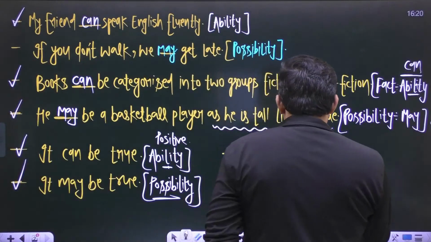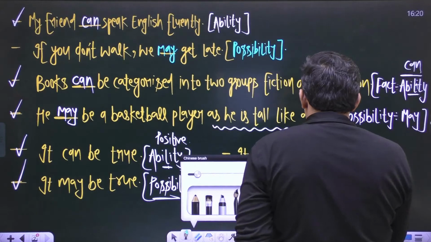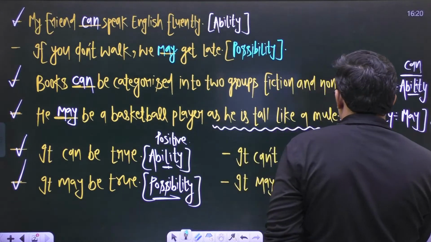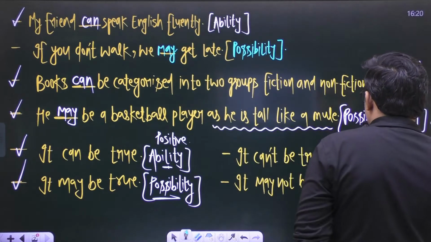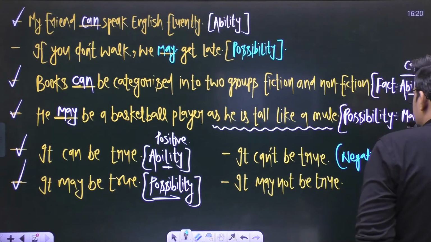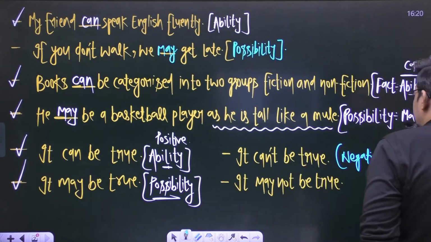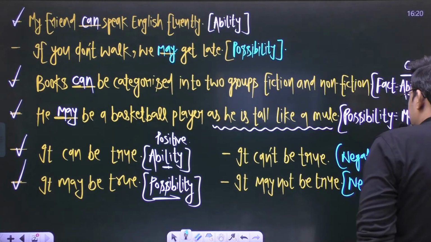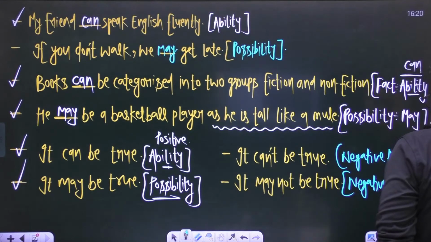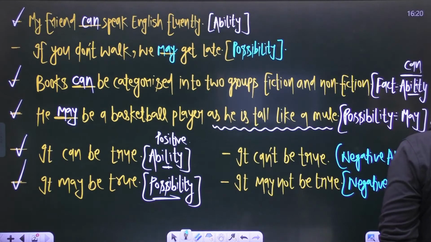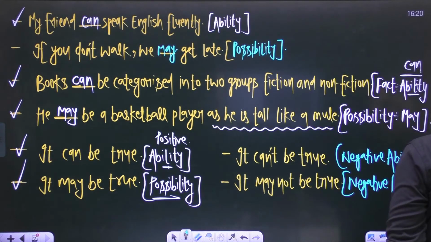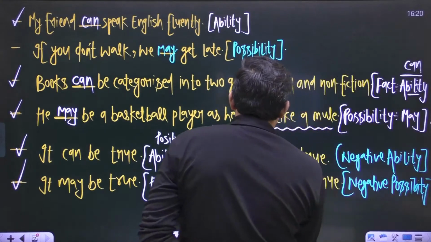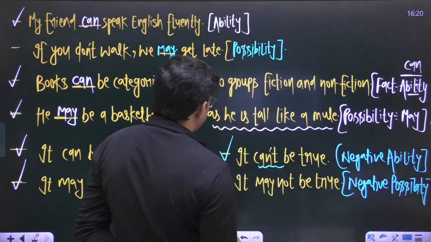But in the next two sentences, you are talking about negative ability, right? This is negative ability and this is negative possibility, right? Make sure that whenever you talk about negative ability, we can use cannot, and this sentence is okay.